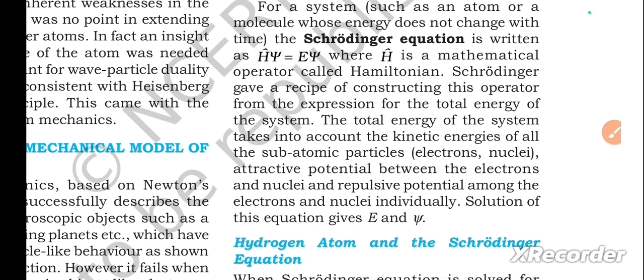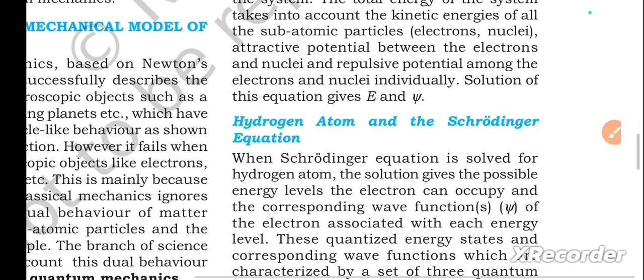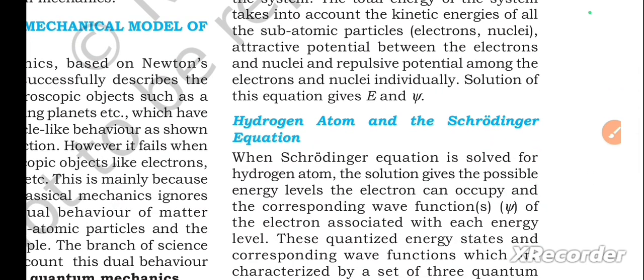The total energy of the system takes into account the kinetic energy of all the subatomic particles, electrons and nuclei, the attractive potential between the electrons and nuclei, and the repulsive potential among the electrons and nuclei individually. Solution of this equation gives E and ψ.